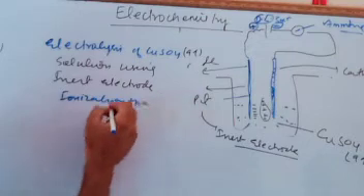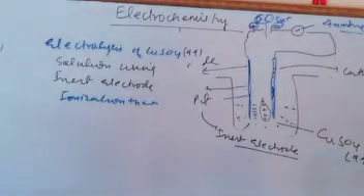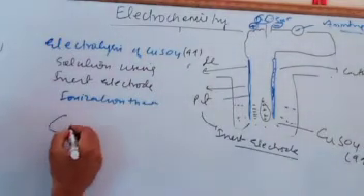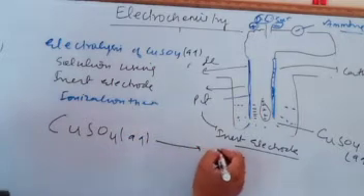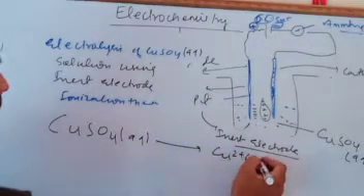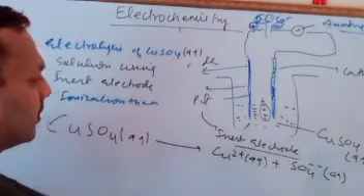Ionization theory, right? Copper sulfate is ionized like this. Copper sulfate is an aqueous solution: copper ion aqueous plus sulfate ion, 2 negative charge, aqueous. This is one.